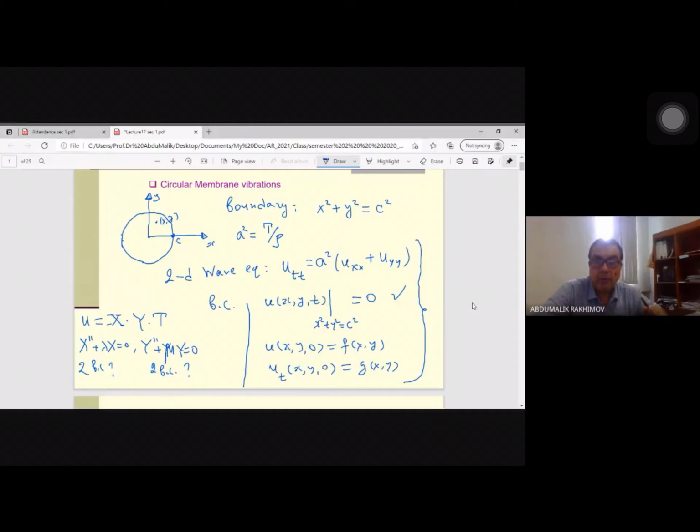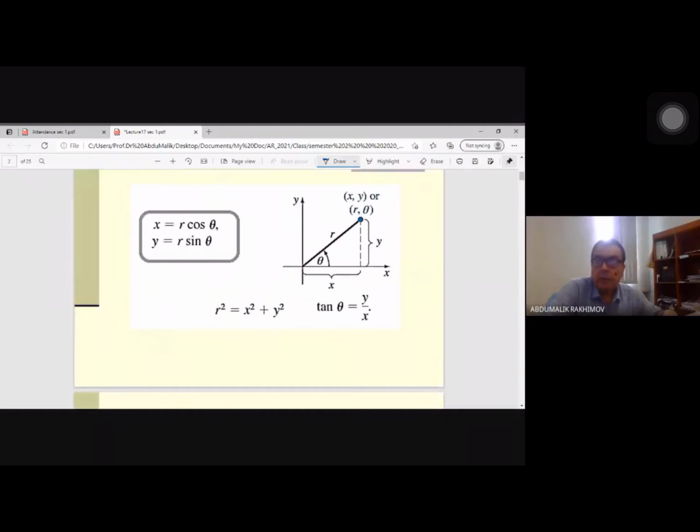So we will do the same thing. Let me go down. So we go to the polar system, x equals r cosine theta, y is equal to r sine theta.